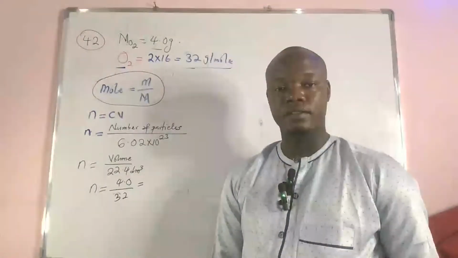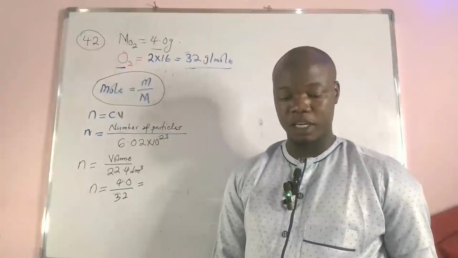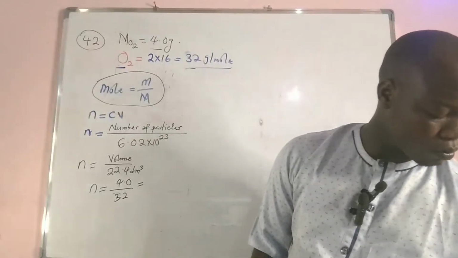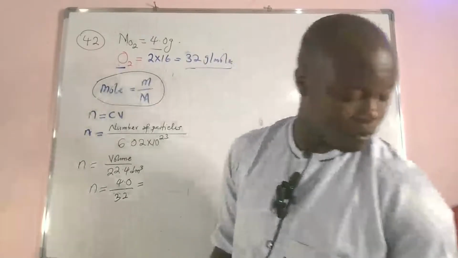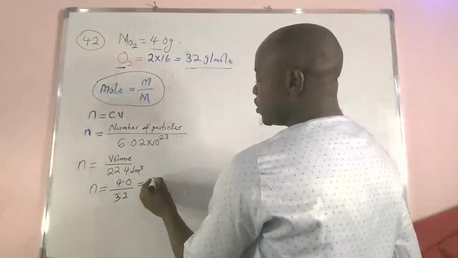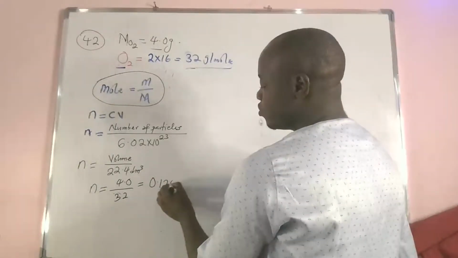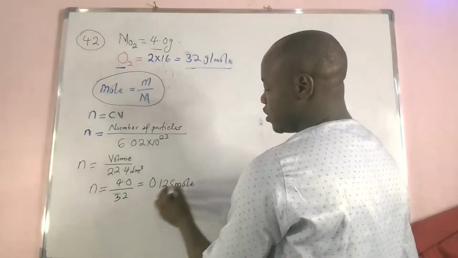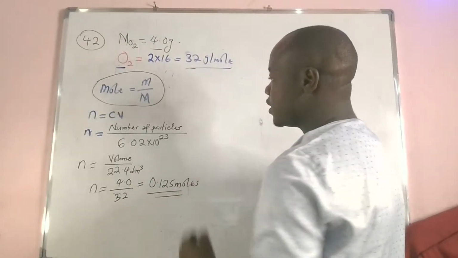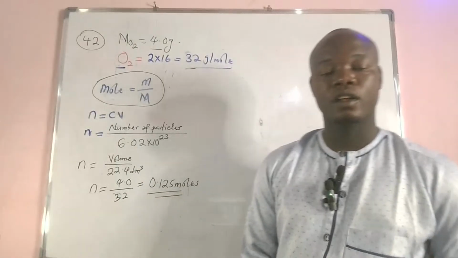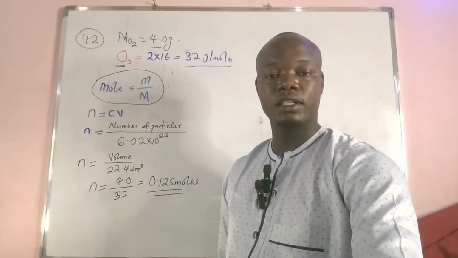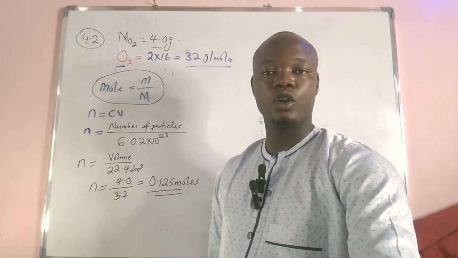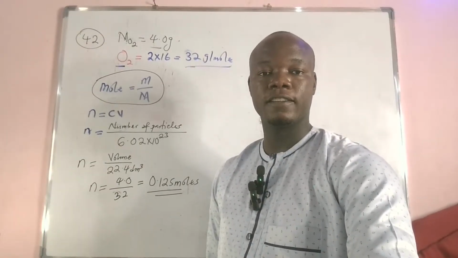So from here, my answer is 0.125. So I have 0.125 mole. So this is the answer. Let's go back to the question and see if we have that option.